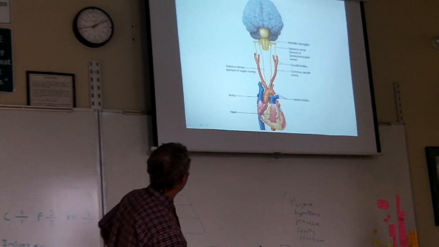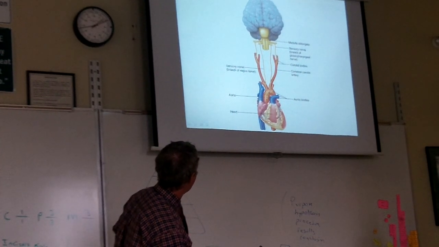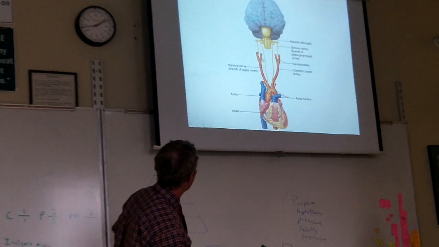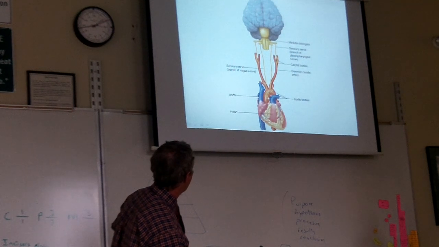Now, there are special nerves that send messages to the brain, going up to the brain, that can tell you if there's enough oxygen and such in the blood.